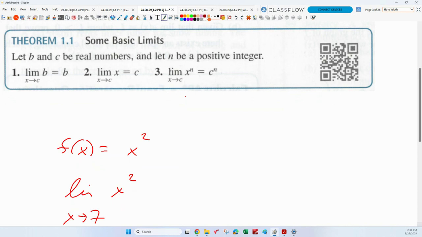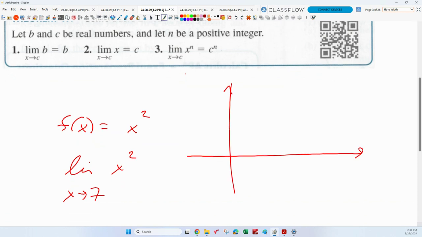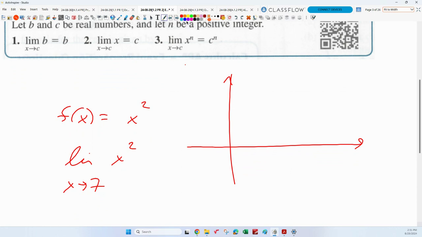What does the graph of y equals b look like? Horizontal line, right? b is a constant. It just looks like this.